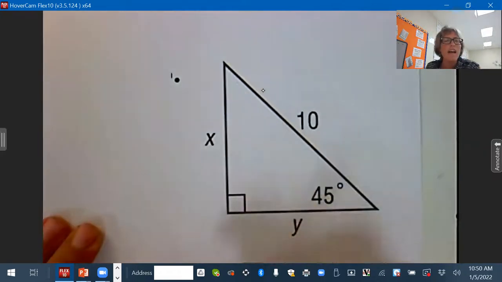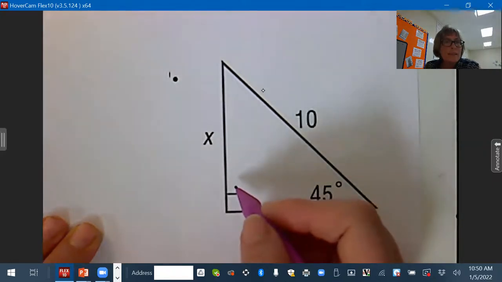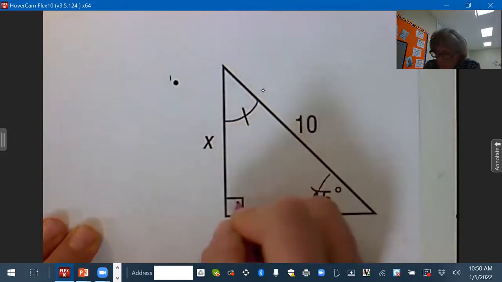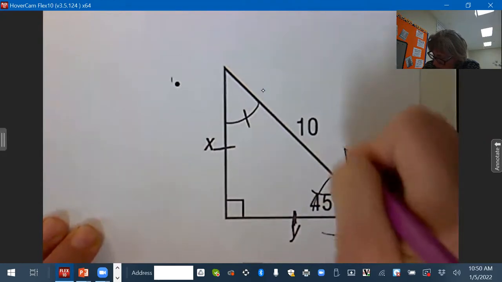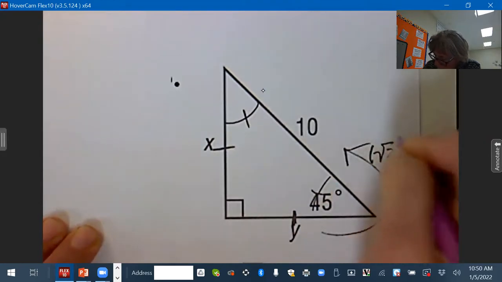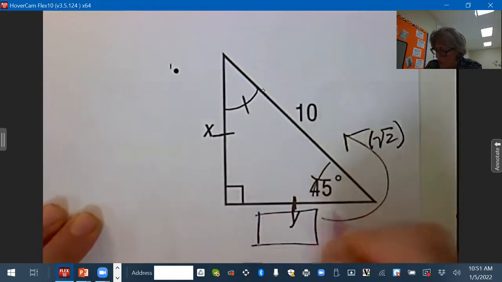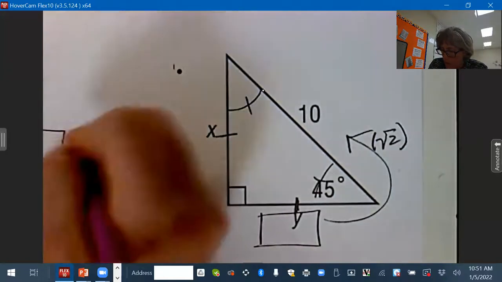45, 45, 90, leg, leg, leg root 2. So this reads: something times root 2 is 10. A little bit trickier. You can see why we worked on those radicals.